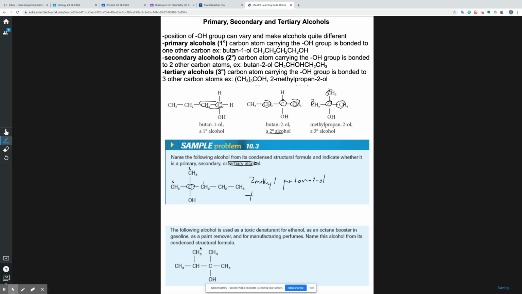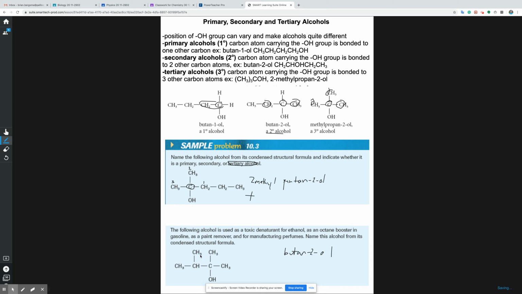Okay, for this one, naming it, again we want our longest chain connected to our OH. We have a 4 carbon chain, so it's going to be butan, and 2-ol again.